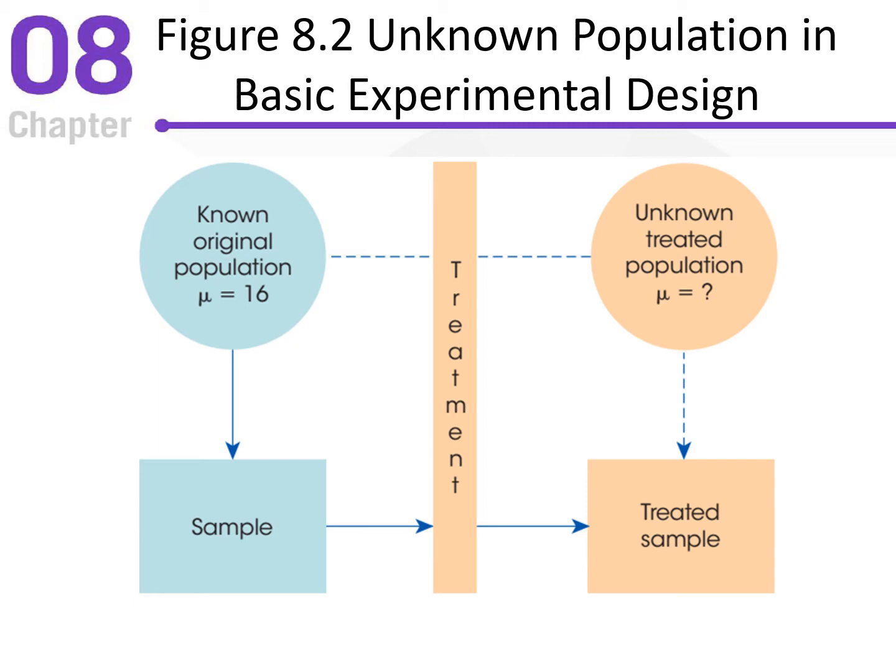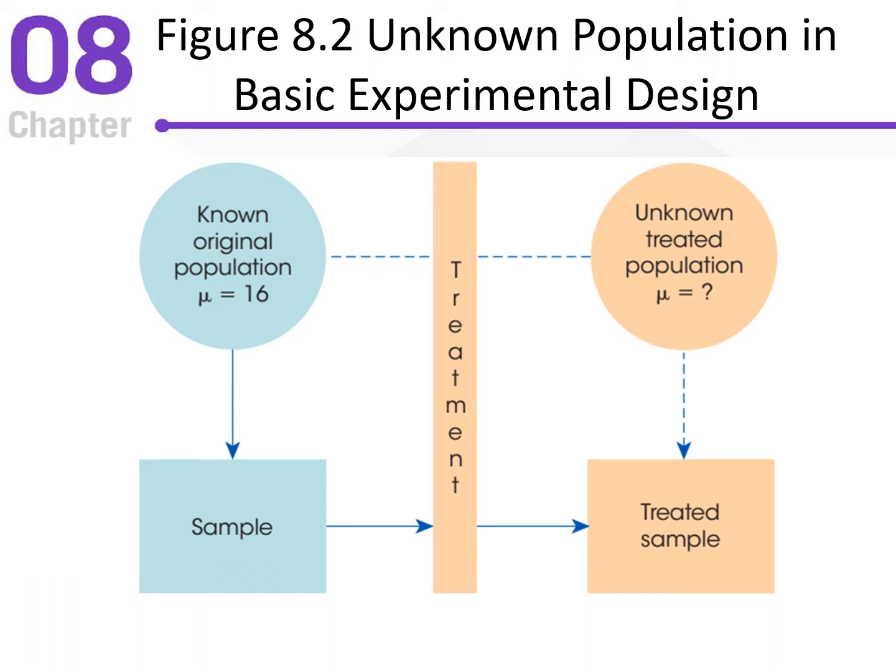And that's going to happen after treatment, because if I'm doing the intervention, my goal is to have a different type of sample that doesn't belong to the original population with a mean of 16. I want to say that it's different in some way. It's better or it's worse, depending on my hypothesis. But I want it to be somewhat different.